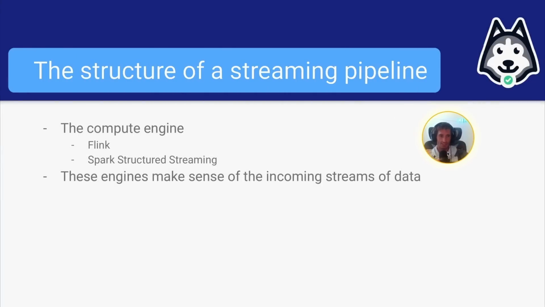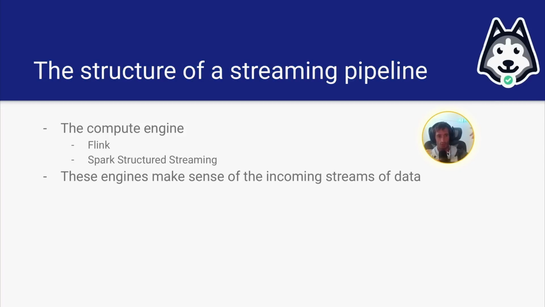You can think of this as the spark of a streaming pipeline, and it's how we actually make sense of our pipelines and what's going on with them. Your two options here are going to be mostly Flink and Spark streaming. There are other options out there as well, but these are the two state-of-the-art ones, and these are the ones that actually do the SQL or the crunching of the data.